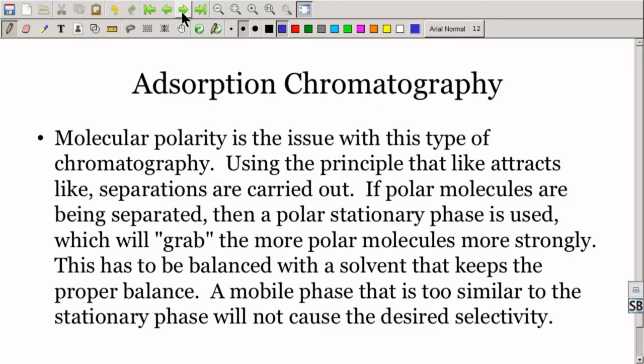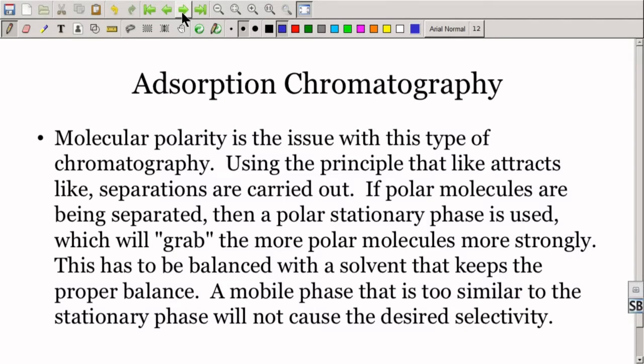And so if you want molecules to stick to the stationary phase, you need a stationary phase that has similar polarity to your molecules, or at least similar polar properties to the molecules you're trying to separate. Okay, and so again, the whole idea is you have this competition, and really this is how all chromatography works. But the bulk of chromatography that's used in organic chemistry would be classified as adsorption chromatography. The compound is adsorbed onto the stationary phase.